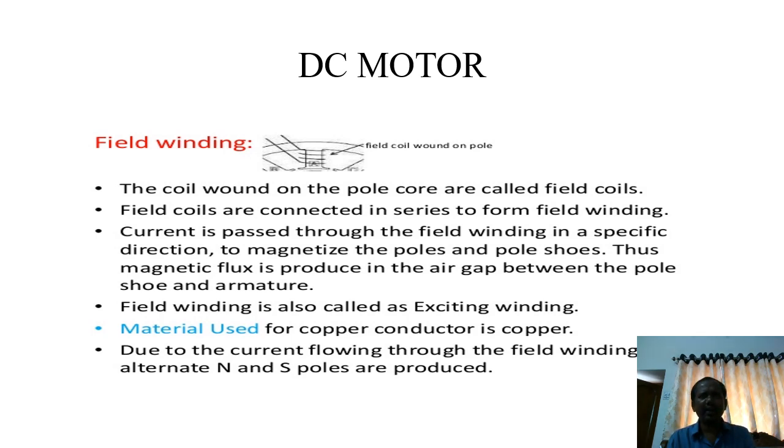When current flows through the field winding, which produces alternate north pole and south pole, the flux passes from the north to the south pole. This is the observation we have to learn.